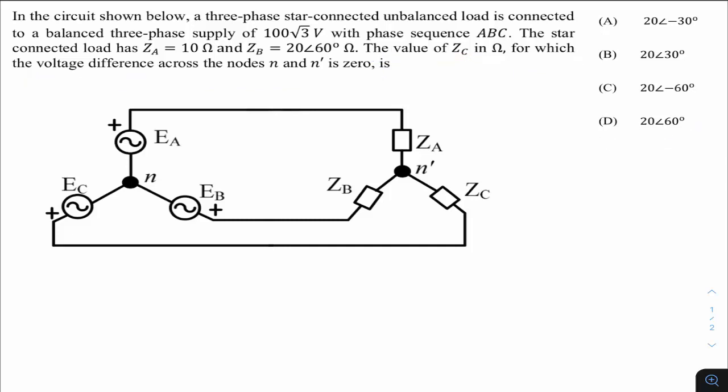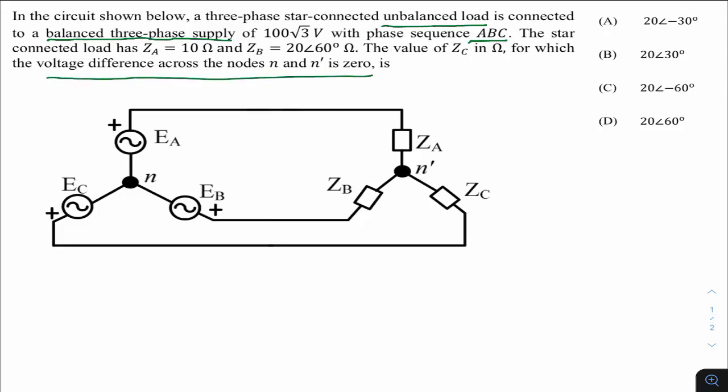So some important keywords to be noticed: the load is unbalanced and the source is balanced. It's a balanced three-phase supply. The sequence is ABC or positive sequence, and it is said the voltage difference across node N and N dash is 0.